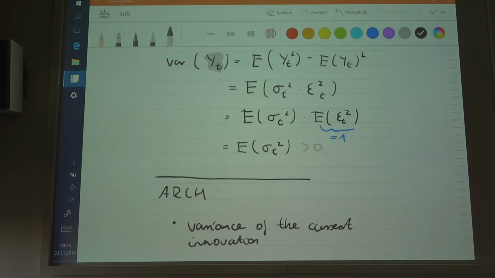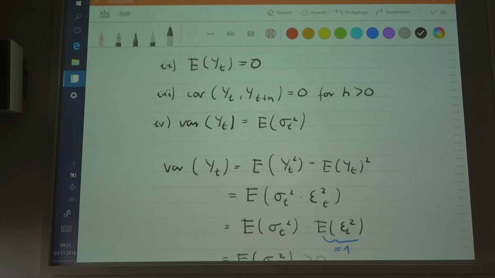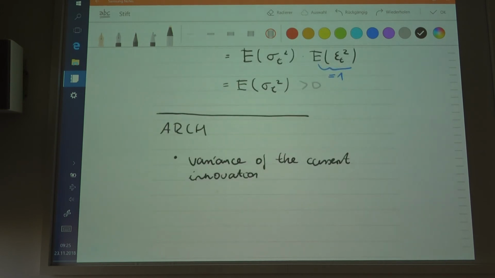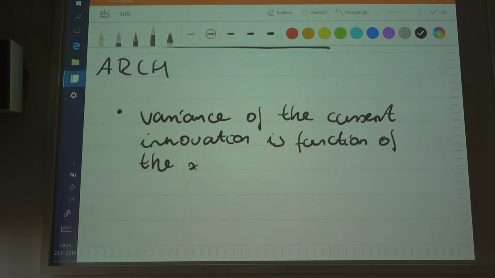Then the variance of that, which is what we're talking about here, is a function of the squares of its previous innovations. So that's what we see in the equation.